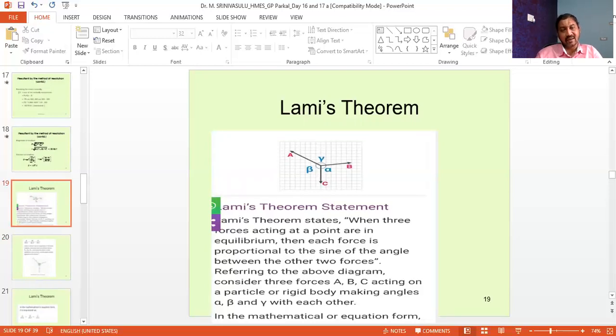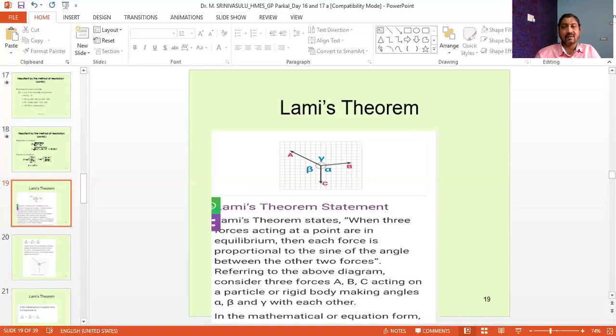And also in the case of a crane, when the crane is lifting a weight, it has some wires, and it is subjected to some kind of tension. So in that case also the tension in the strings can be found if we know one of the angles and the force acting on the opposite side of that angle.